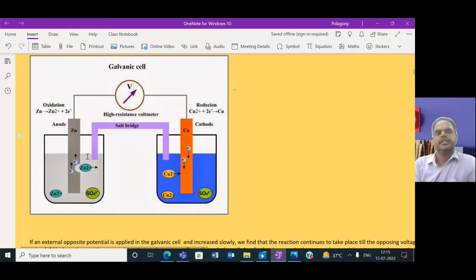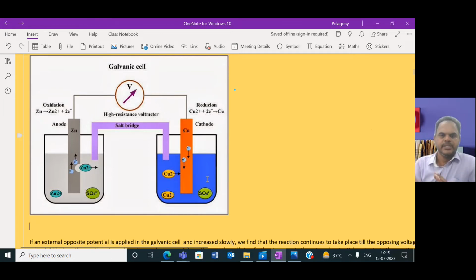The electrolyte solution in the half cell is zinc sulfate solution, and the zinc metal strip is placed in it. This is the oxidation half cell, on the left side of the galvanic cell.